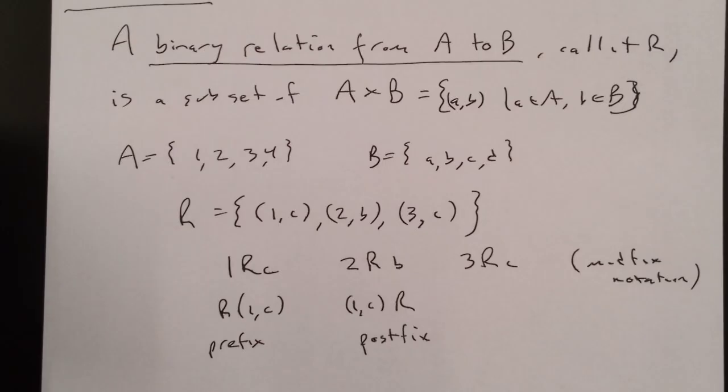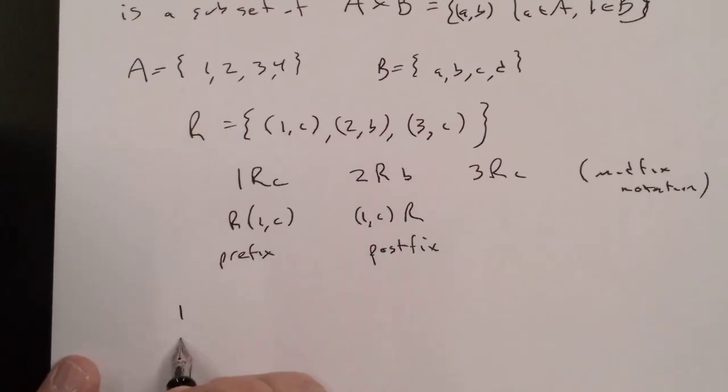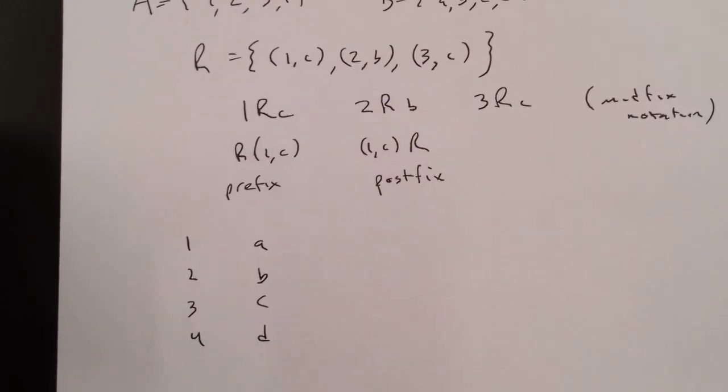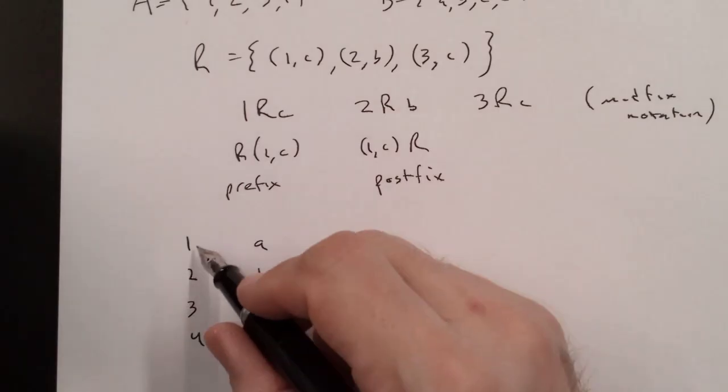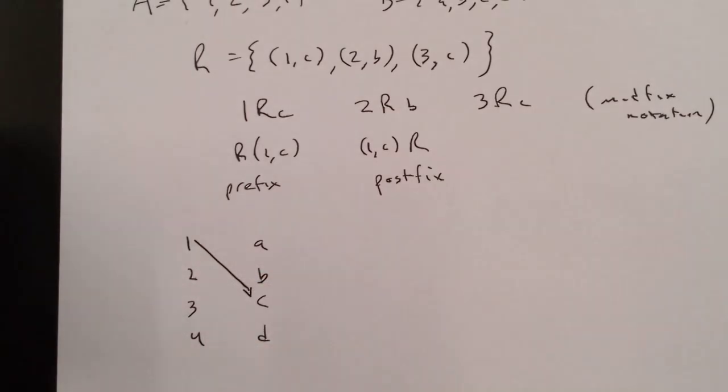I could do this visually as well. I could write the two lists, A and B, literally as lists. And then my relation R shows me that 1 is related to c, and 2 is related to b, and 3 is related to c.